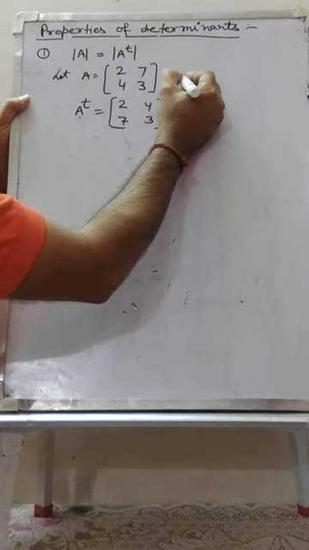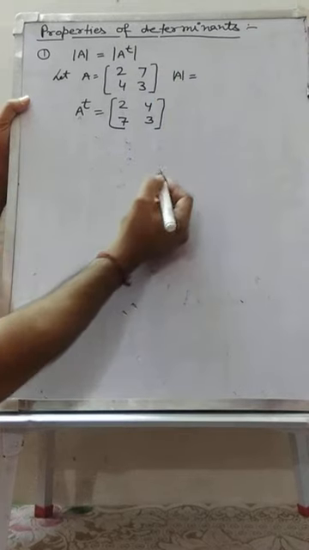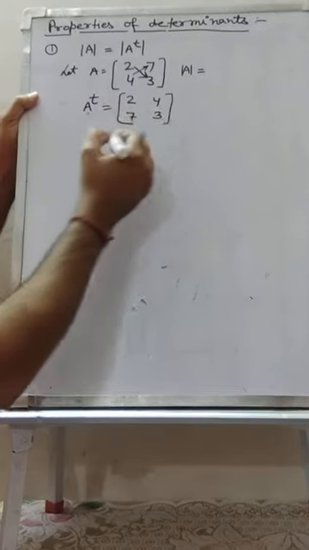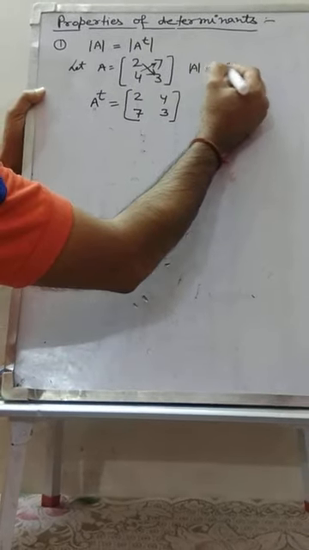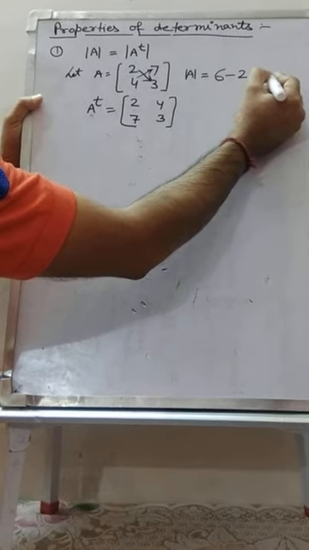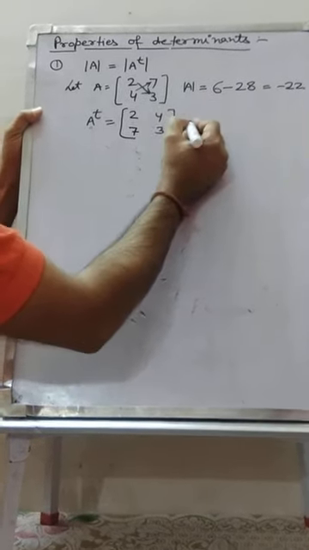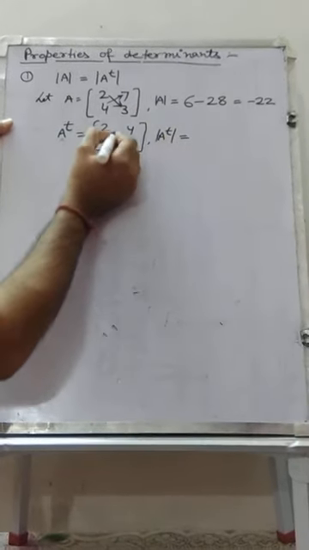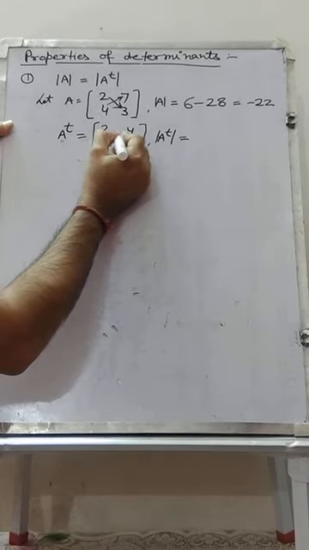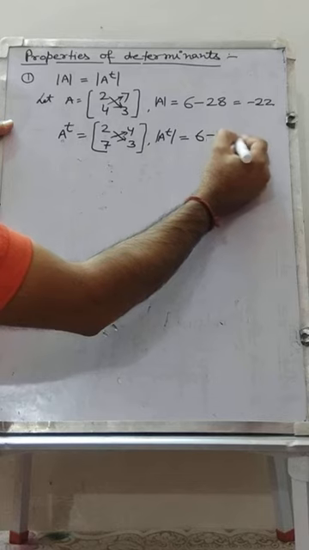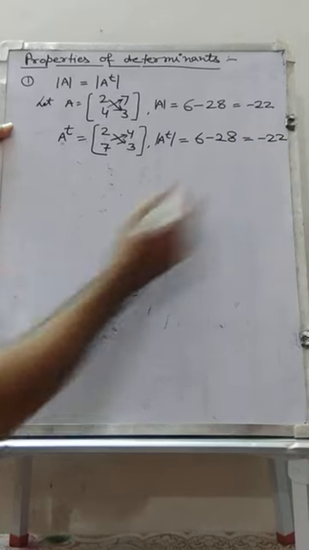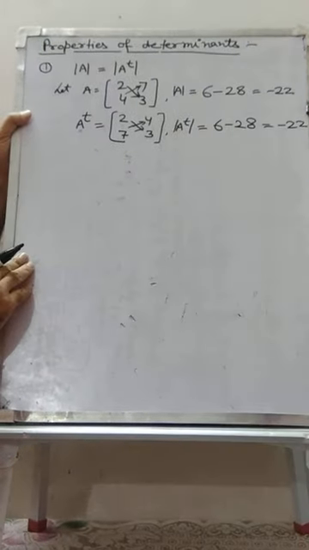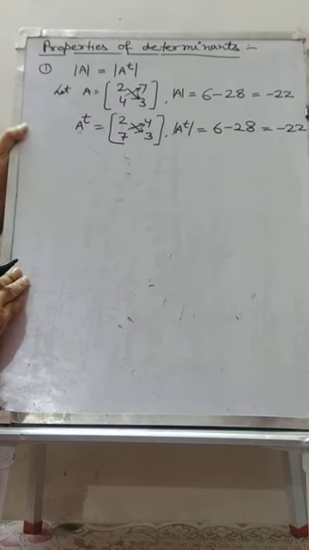Now we take the determinant of A. The determinant of A is the product of the diagonal elements minus the product of the off-diagonal elements: 2 into 3 is 6, minus 28, which is minus 22. Then the determinant of A transpose is also 2 into 3 is 6, minus 28, which is minus 22. So we see that the determinant of any square matrix is always equal to the determinant of its transpose.